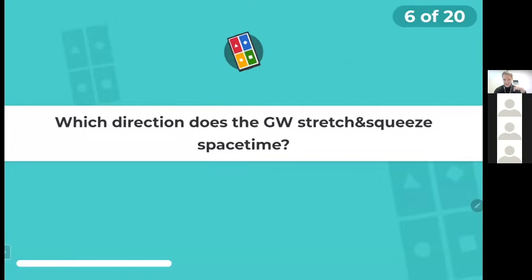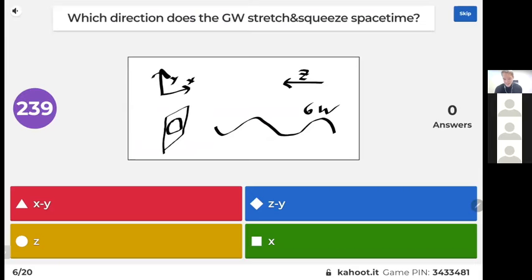So now we can have a quiz, where the question is, which direction does the gravitational wave stretch and squeeze space-time? There is a doodle there where a gravitational wave is traveling in the z direction, and it hits this ring of test masses.